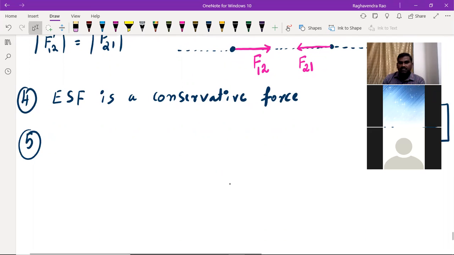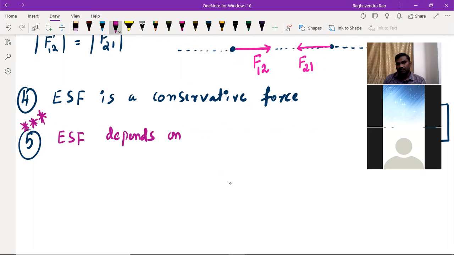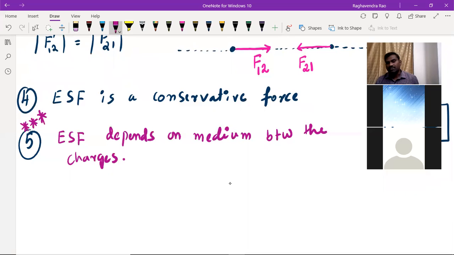Next point, this is a very important point. Electrostatic force depends on the medium between the charges, whereas gravitational force does not.